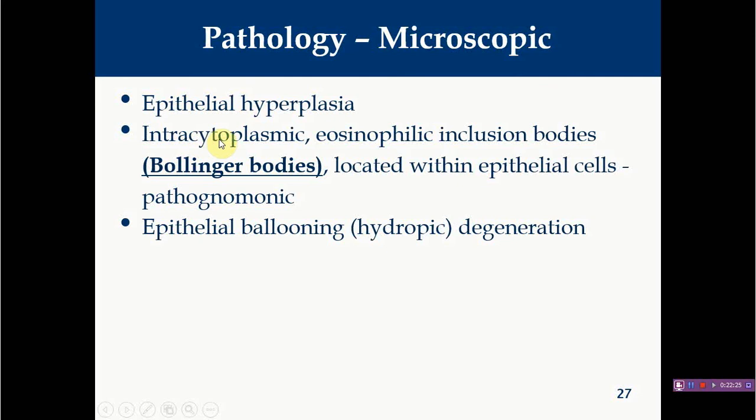This inclusion body is known as Bollinger bodies. We have already discussed the two terms, Borrel bodies and Bollinger bodies. Borrel bodies are actually mature individual virus particles, and the Bollinger bodies are the intracytoplasmic eosinophilic inclusion bodies. Whenever you find such very prominent inclusion bodies, they are typically indicative of fowl pox.